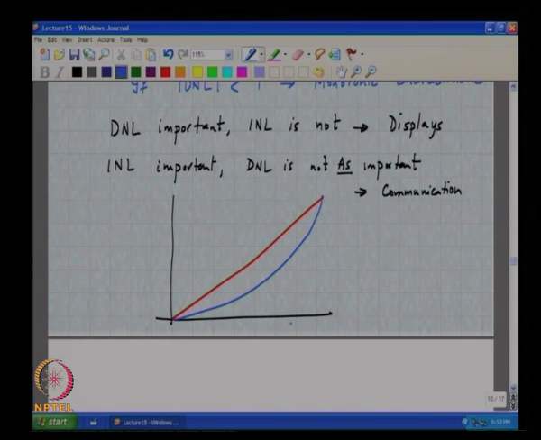This is the analog input, this is the digital code. So, which is the INL here?